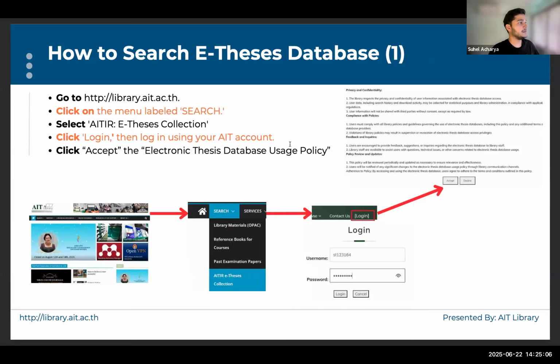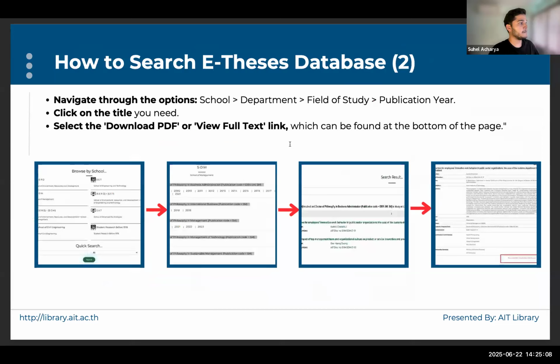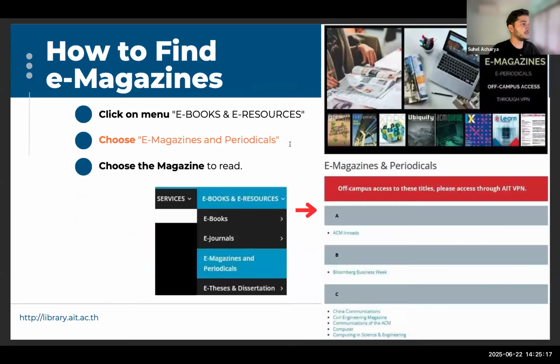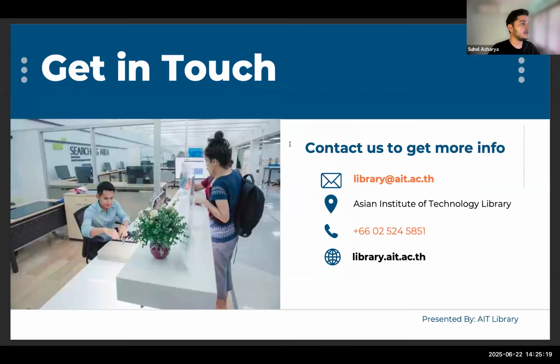Okay, this I already mentioned, right? How you log in and then look for papers, thesis, sorry. And then look for journals, I think I covered this as well. Yeah, that's about it.